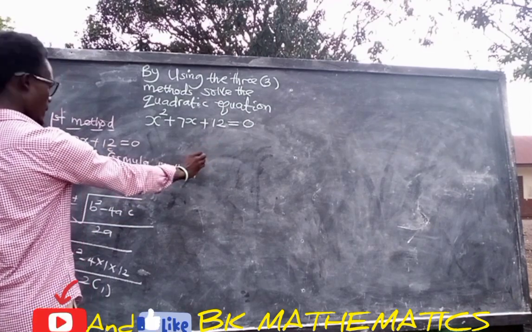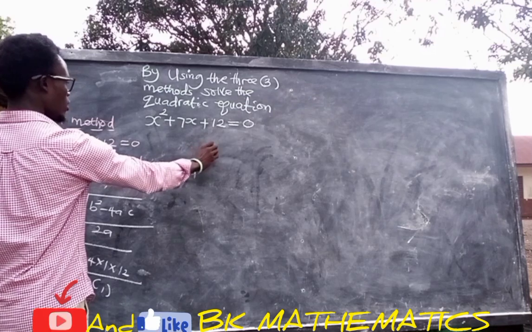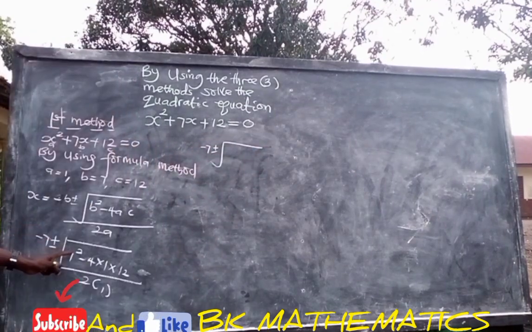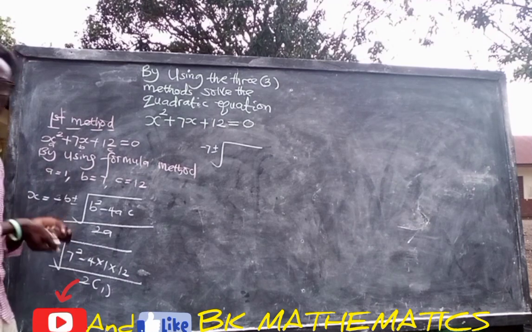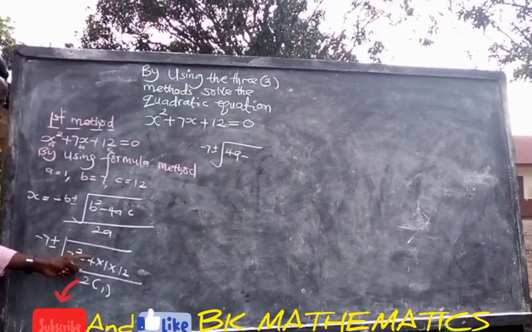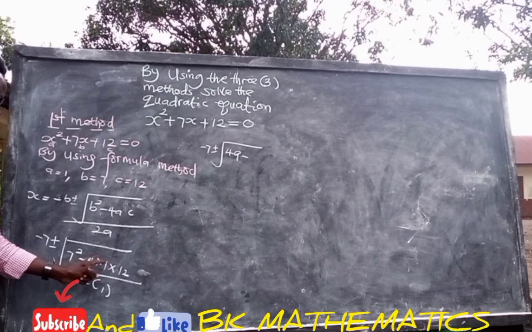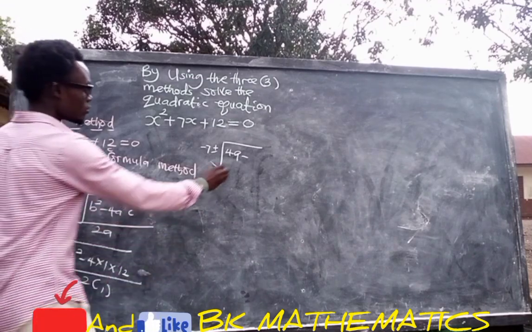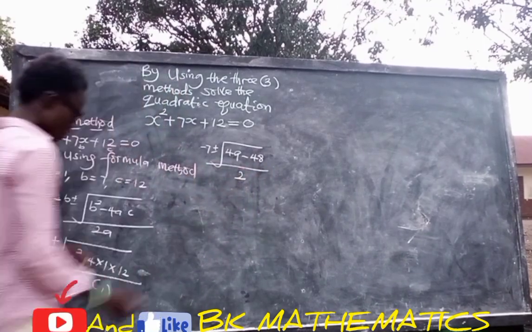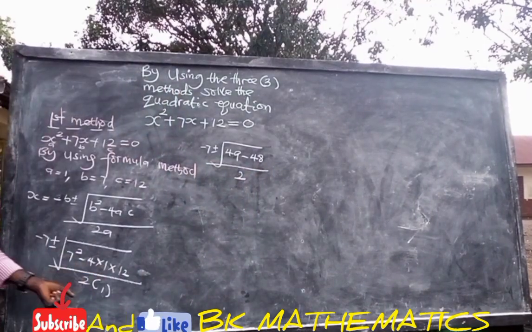We say minus 7 plus or minus the square root of 7 squared. We know 7 times 7 gives you 49, minus 4 times 1 times 12, which gives 48. Then everything becomes over 2, because 2 times 1 gives you 2.